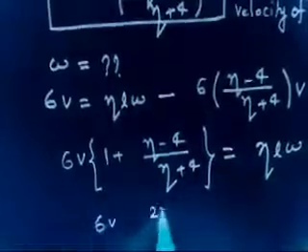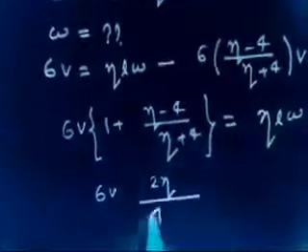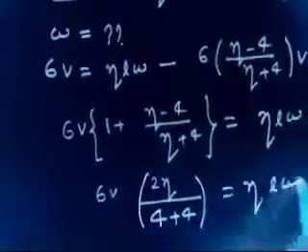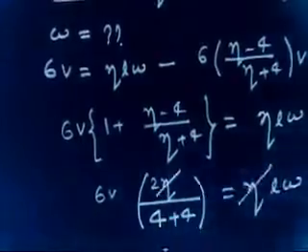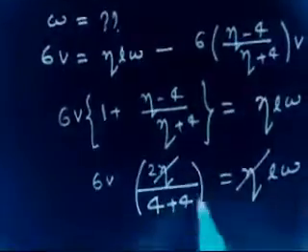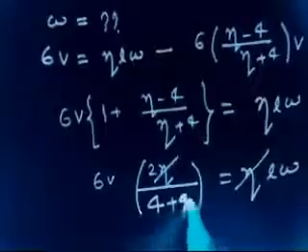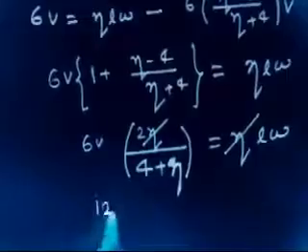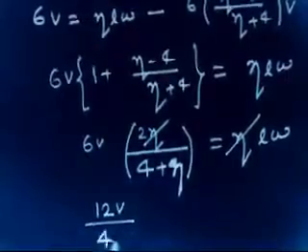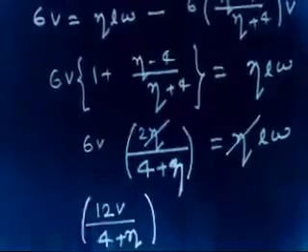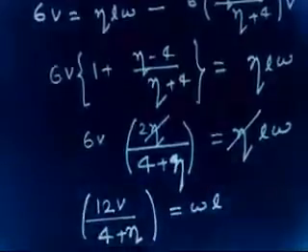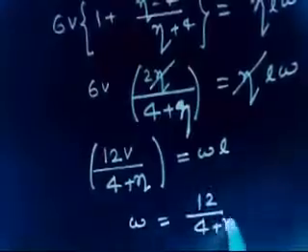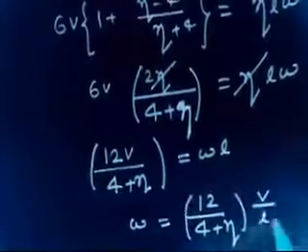So 6v, 2 eta divided by (eta plus 4) equals eta L omega. So eta goes out, so we will have 12v divided by (4 plus eta) equals omega L.